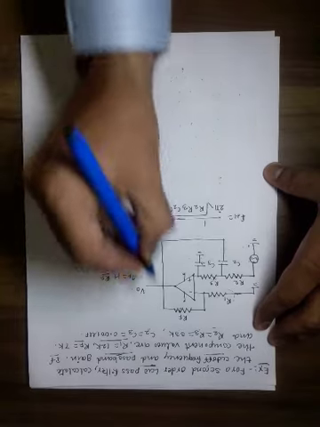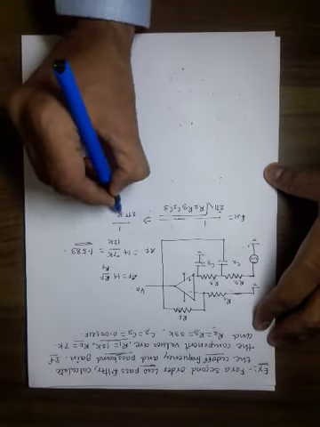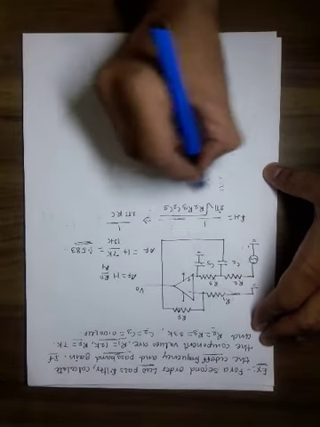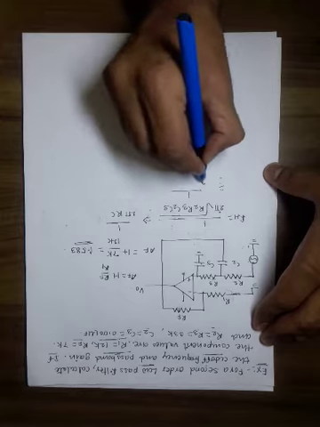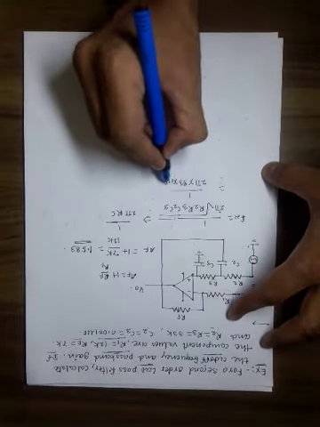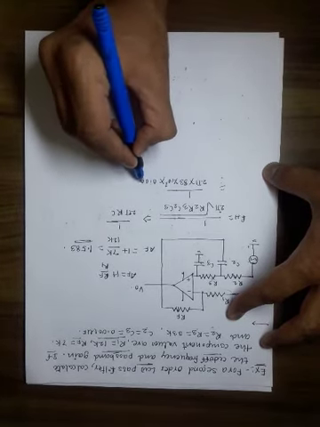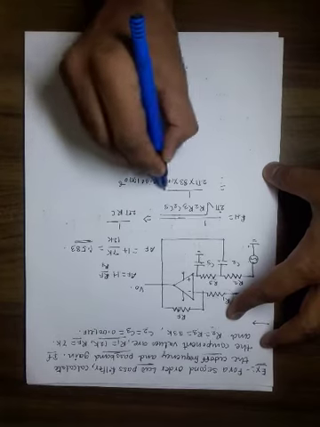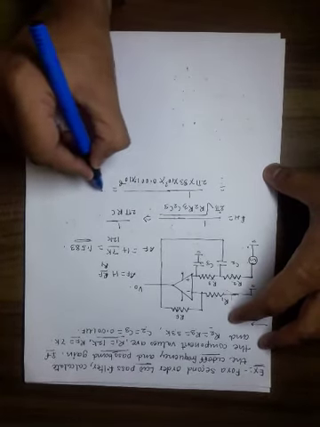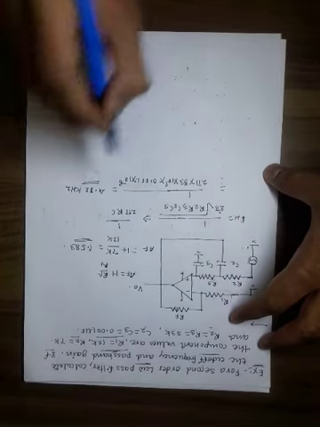So by using this relation, the formula becomes 1 upon 2 pi RC. Substitute these values: 1 upon 2 pi into 33 into 10 raised to 3 into 0.001 into 10 raised to minus 6. So FH is about 4.82 kilohertz. This is the cutoff frequency.